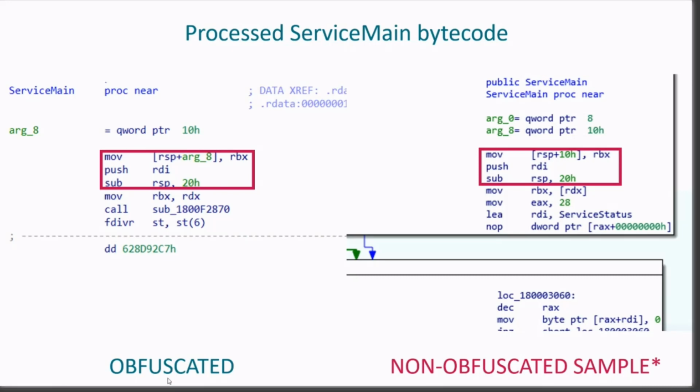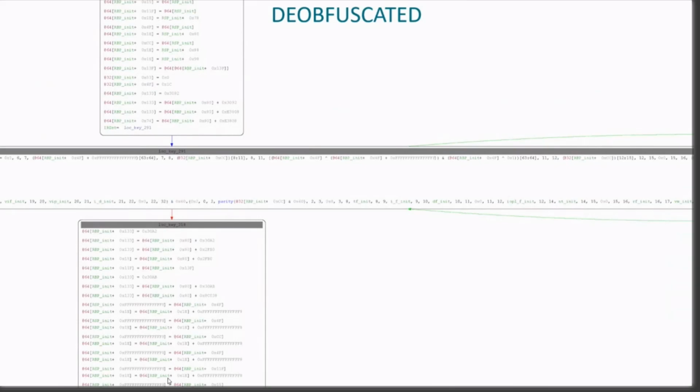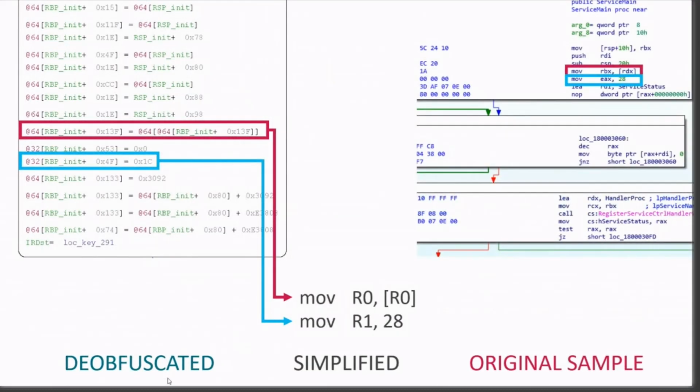It doesn't contain a reference, but if we look at the resulting deobfuscated control flow graph, we can see that the reference is actually here. And if we simplify this to pseudo instructions, we can see that it performs the same thing as the original sample.